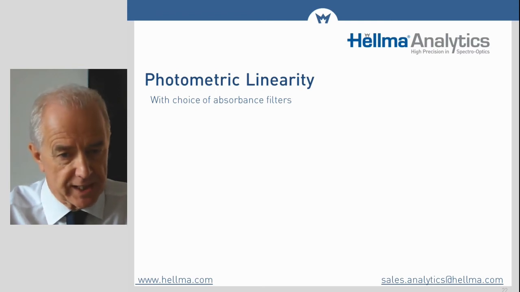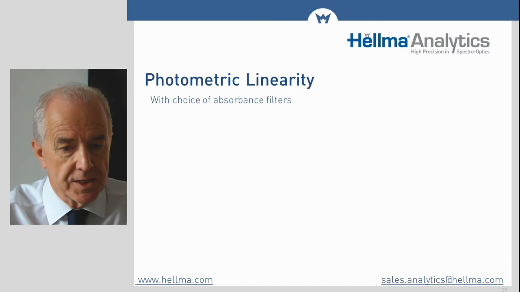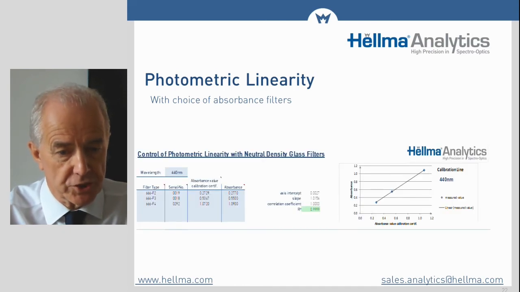Validating photometric linearity can be linked with and even performed at the same time as testing the absorbance accuracy. Simply select one or two additional absorbance filters with values between your limits and at the same wavelengths as your other absorbance filters.